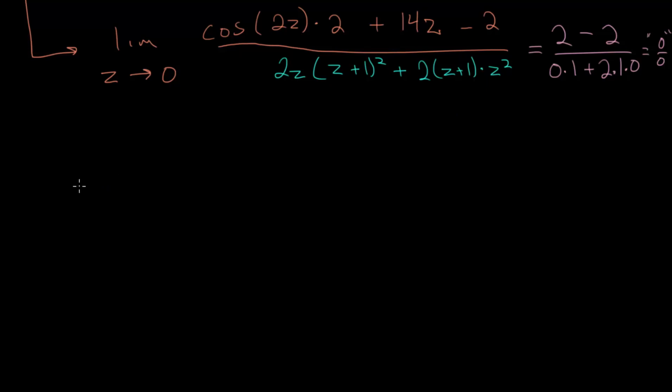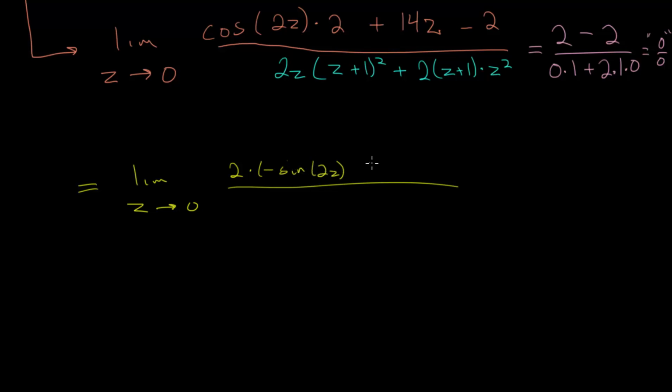So applying L'Hopital's rule again, we still have this limit as z goes to 0, and we take the derivative of our numerator and of this denominator. So in the numerator, we have this 2 that will just carry along, and we multiply by the derivative of this outer function, the cosine function, which is the negative sine function.